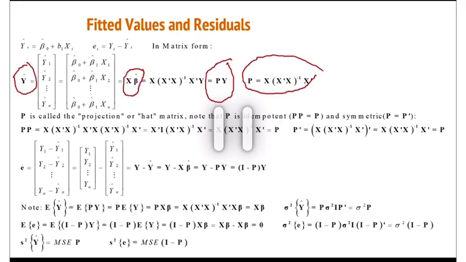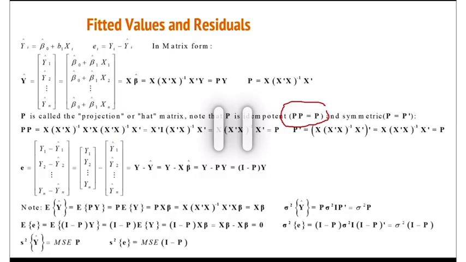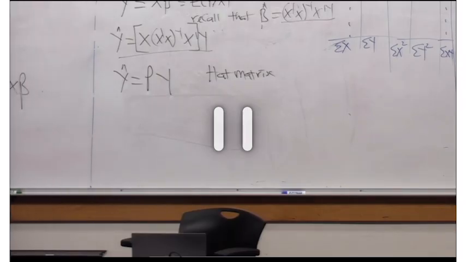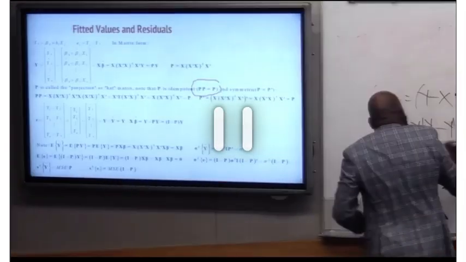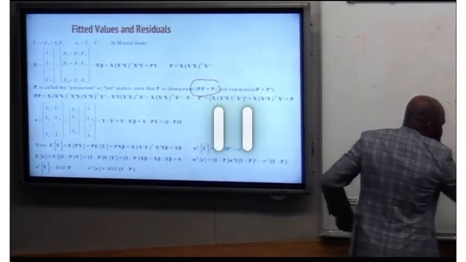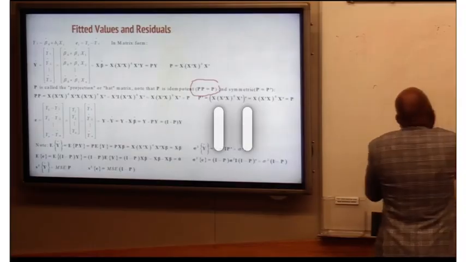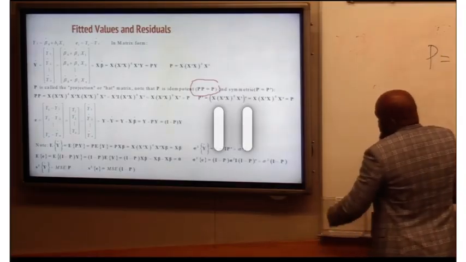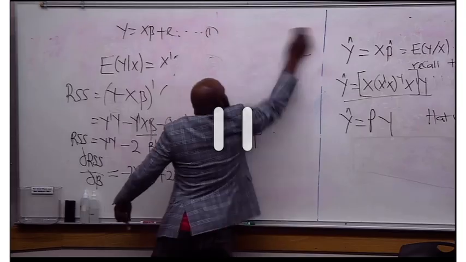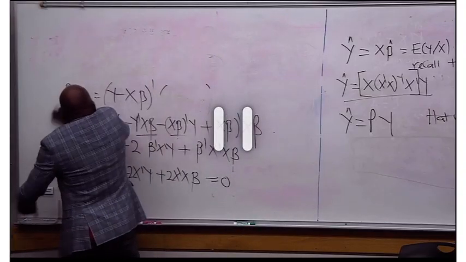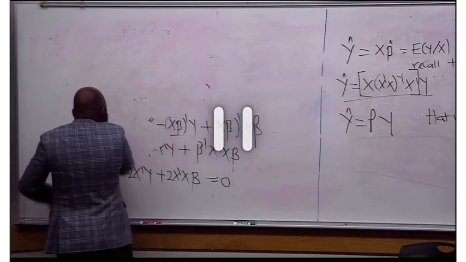What do I mean by idempotent? When I use P, let me quickly write this. Please pay attention, we're going to have some theories in this course. Now the hat matrix P is X, this.